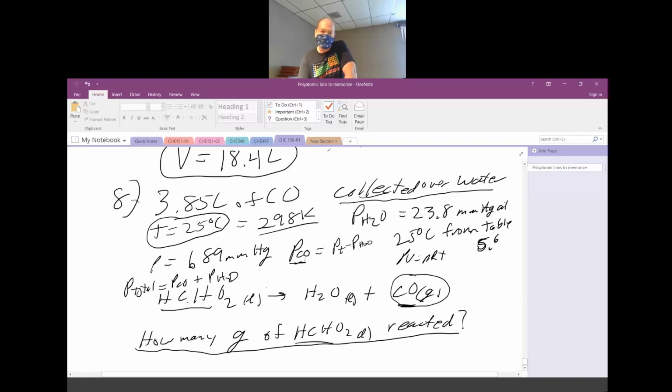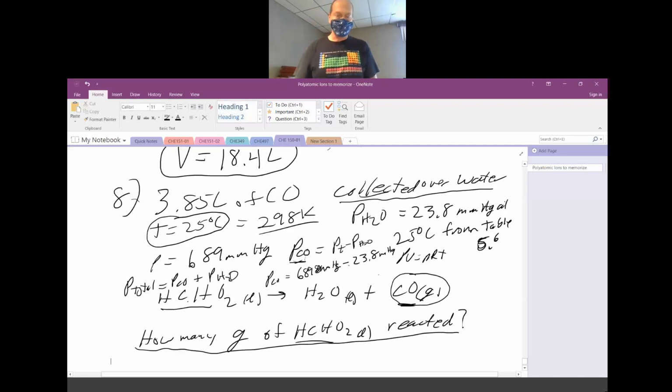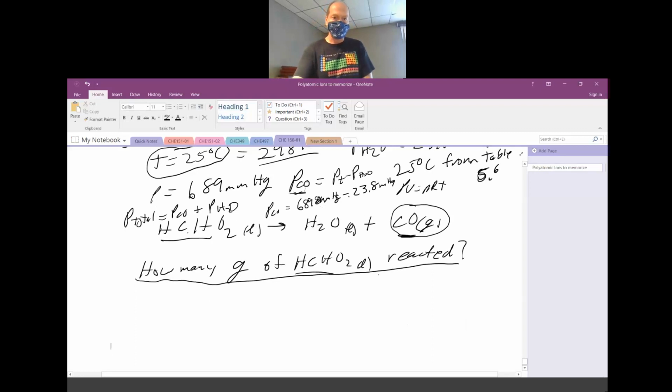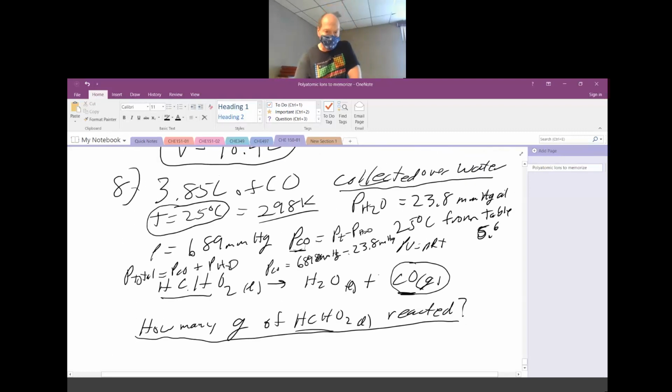And so your pressure of CO is equal to 689 millimeters of mercury minus the 23.8 that we looked up on the chart. But we don't want it in millimeters of mercury either, so we have to divide by 760 as well. Our volume is correct, 3.85 liters.